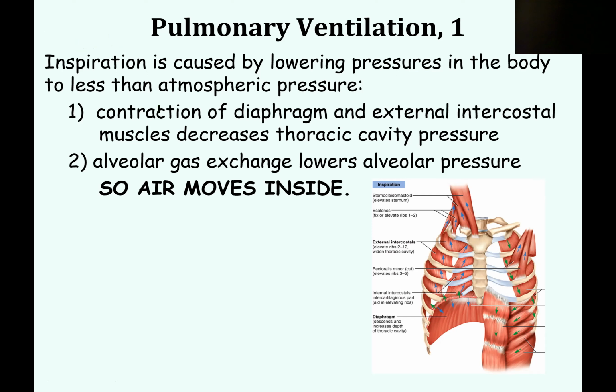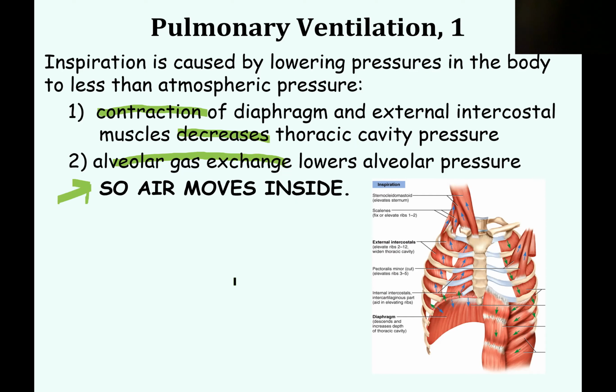We see the contraction of the diaphragm and external intercostal muscles, and that's going to decrease the thoracic cavity pressure. At the same time, alveolar gas exchange occurs, and it's going to lower the alveolar pressure. So air moves inside.